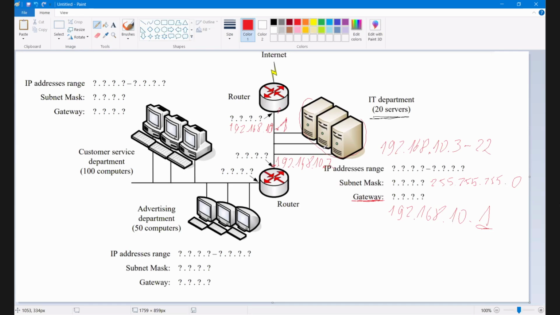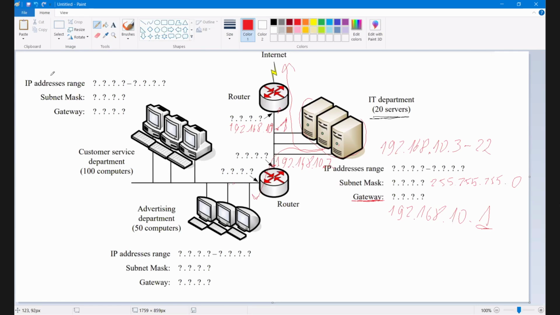So the traffic will go to the internet from this router. And if we want to go to this other network, we need to add a route. In every server, we can add an additional route which routes IP addresses to this network.